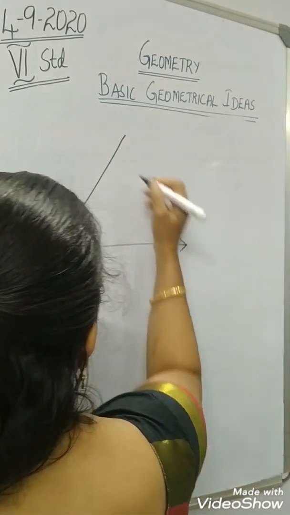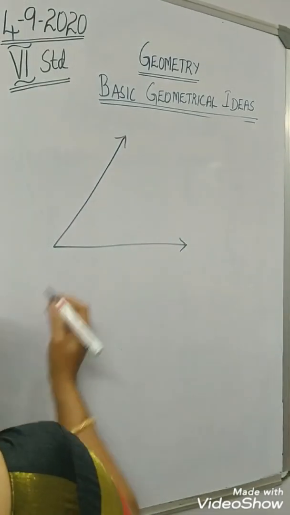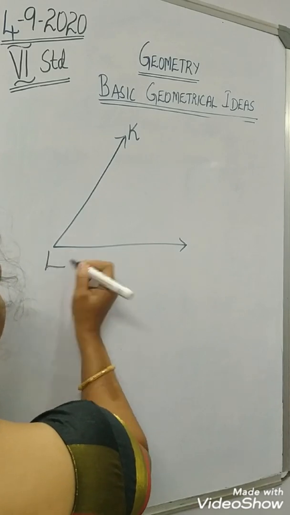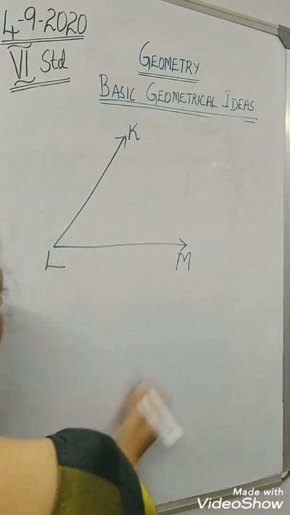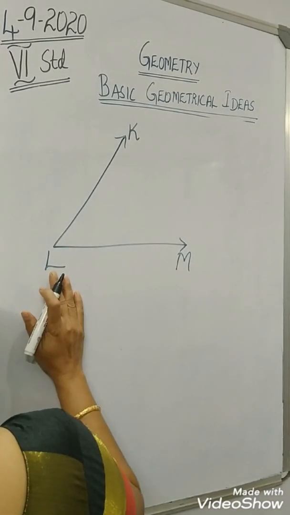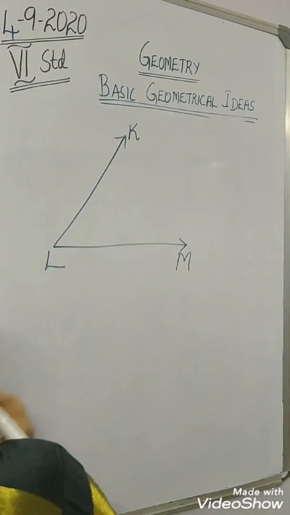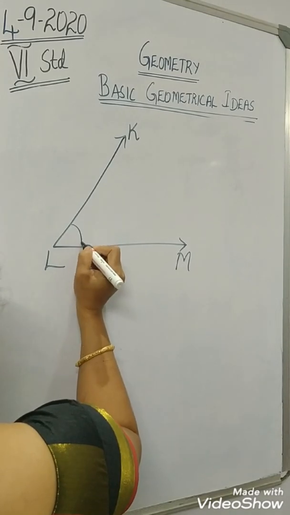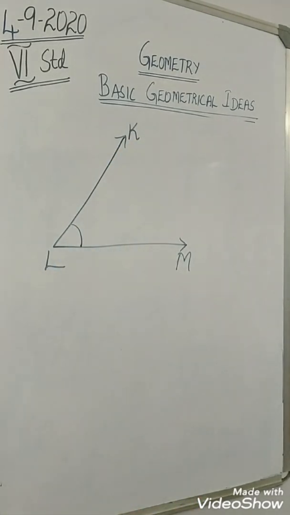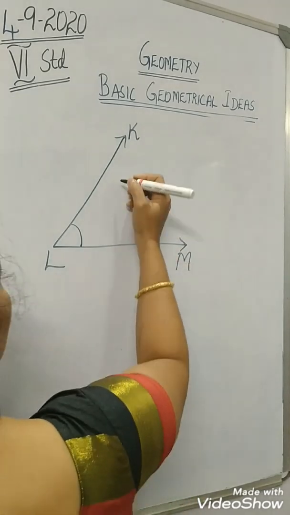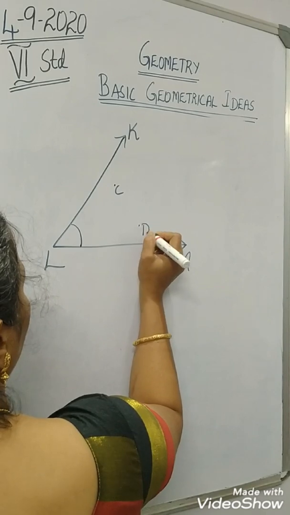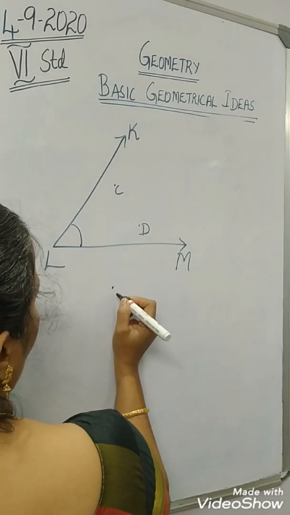Look here. These are the two rays. I will name it as K, L and M. Okay. Now, here LK is a ray and LM is a ray. And the angle formed here is angle KLM. Isn't it? Now, I will place some points here.